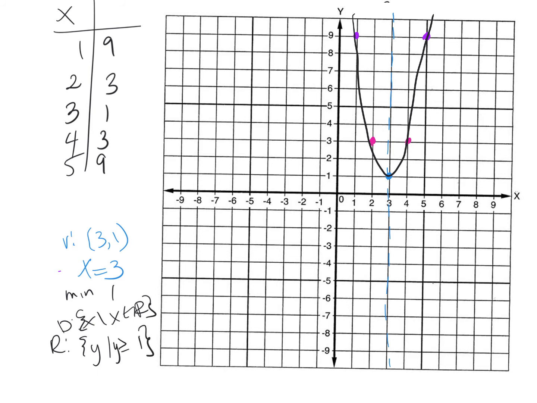Now this graph is decreasing to the left of 3, that's my x value, and then that makes it increasing to the right of 3. Here on this side, it's going up.